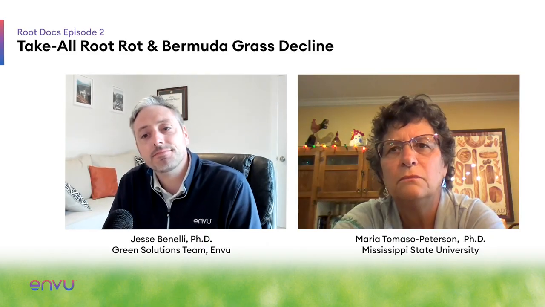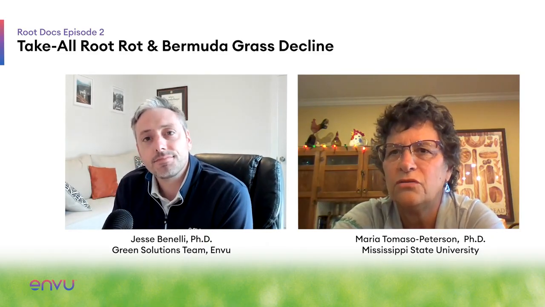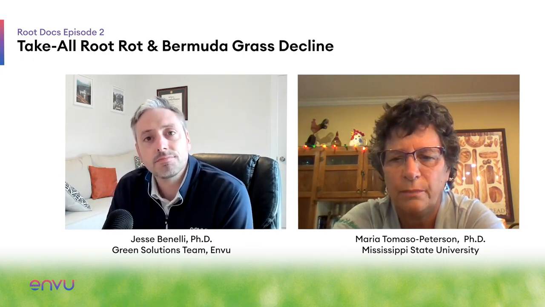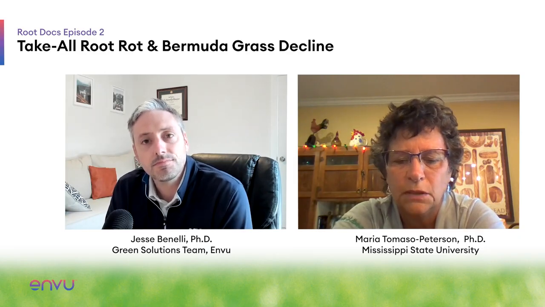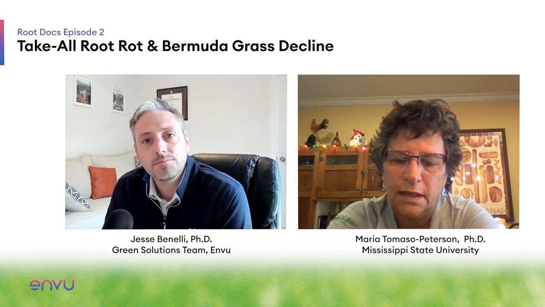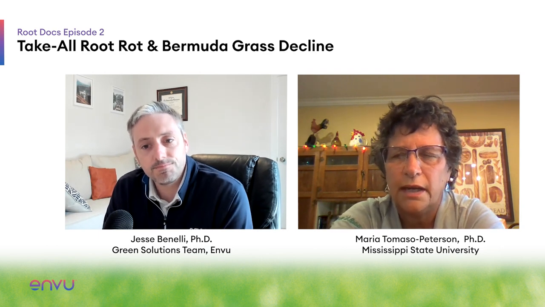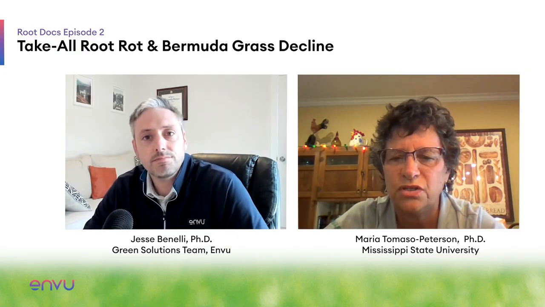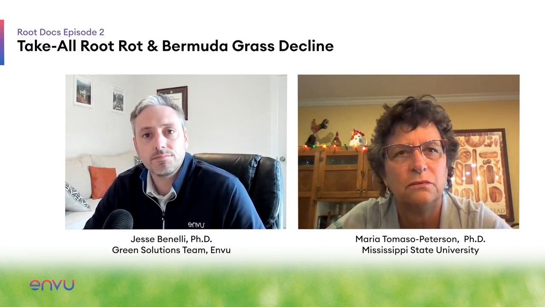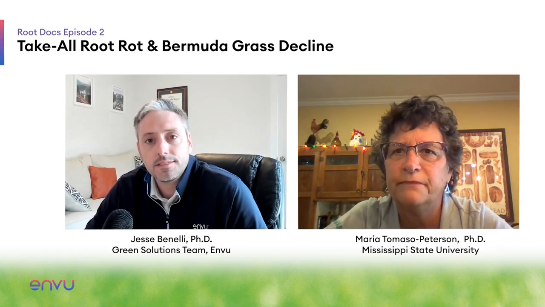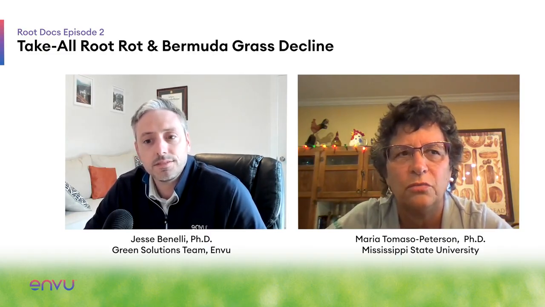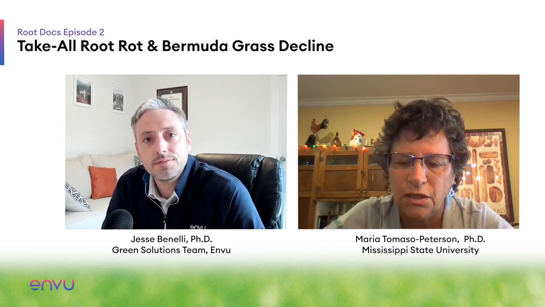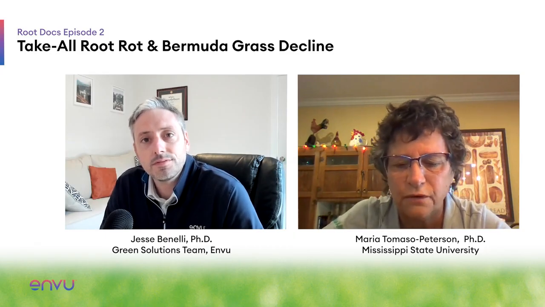Well, I think it's a cause and effect type thing, with a compromised root system due to the take-all pathogens. Pythium is always there, and we know that Pythium and the nematodes are somewhat associated and are found together a lot. That whole microbiome of pathogens affecting the root system, I think, weakens the plant and opens the door for other pathogens.